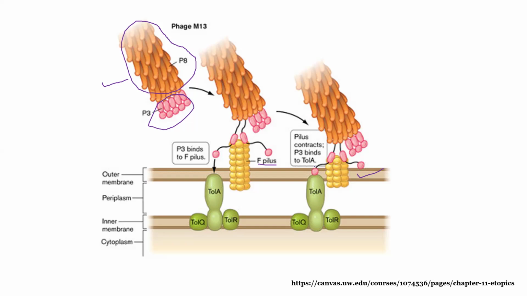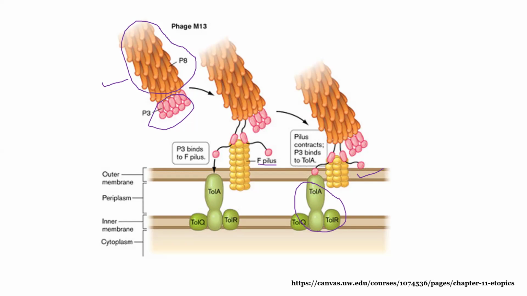where the P3 also interacts with another receptor present in the cell membrane of the E. coli host cells, that is TolA. So can I say here that the attachment protein or ligand P3 is attaching to the F pilus as well as TolA? Yes. F pilus is the main receptor and TolA is the co-receptor.